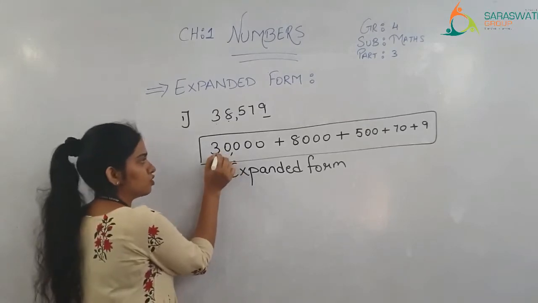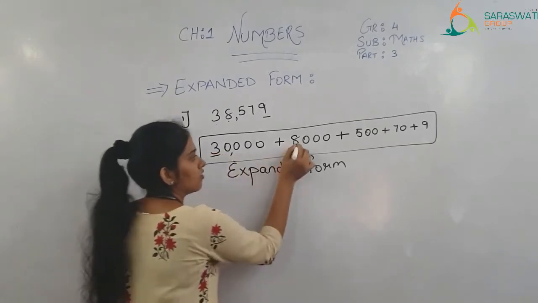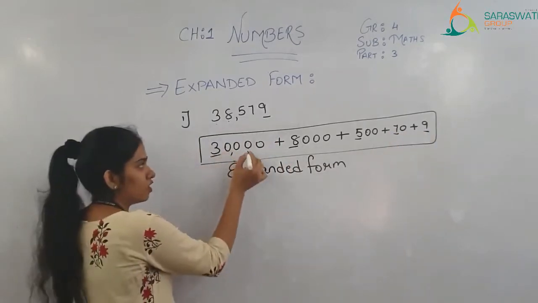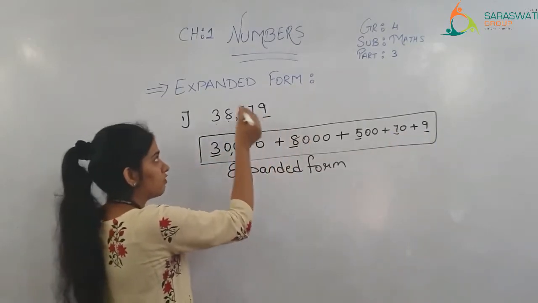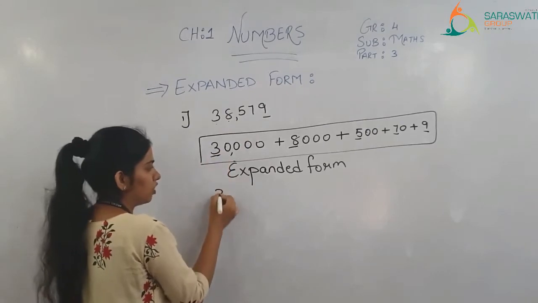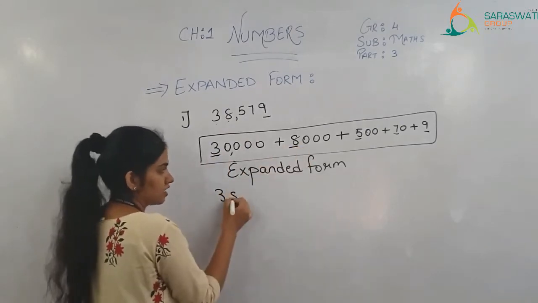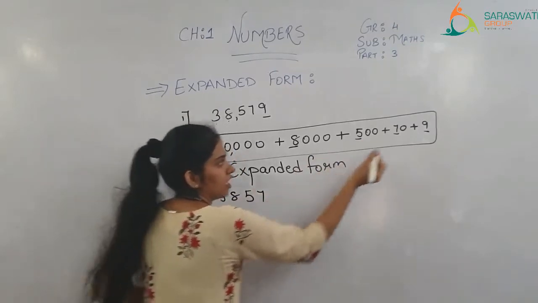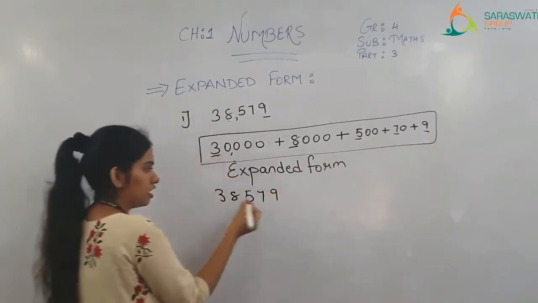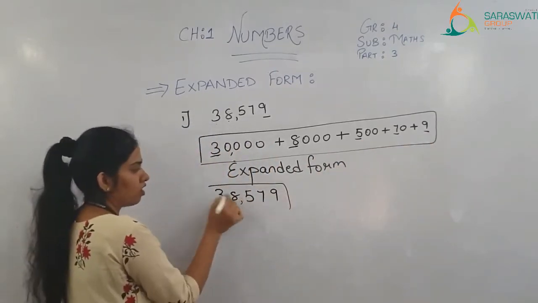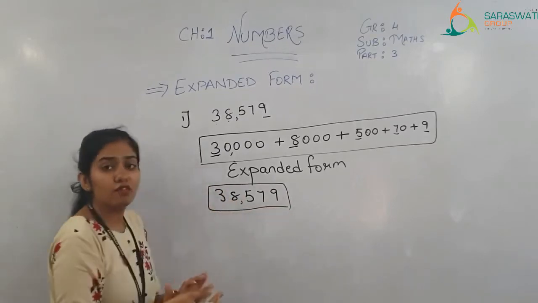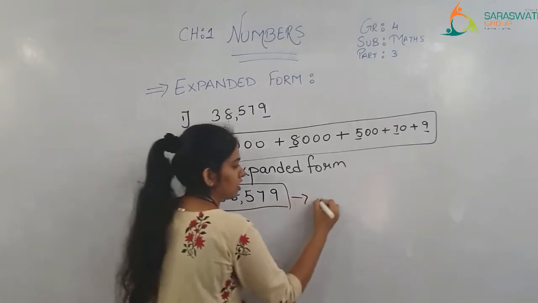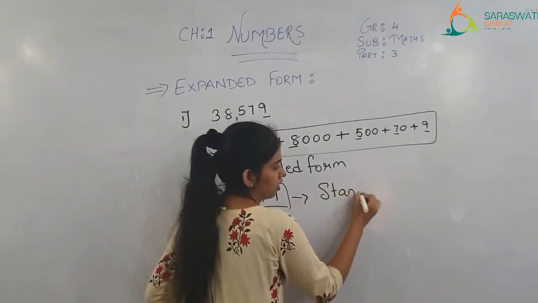You just have to take the first digit of these values, and you will get the standard form. So you write 3, then from this 8, then 5, 7 and 9. So here I got the number 38579. So this is the standard form.